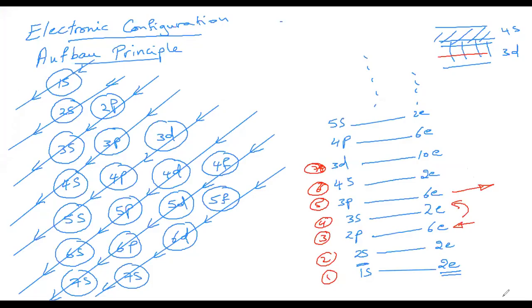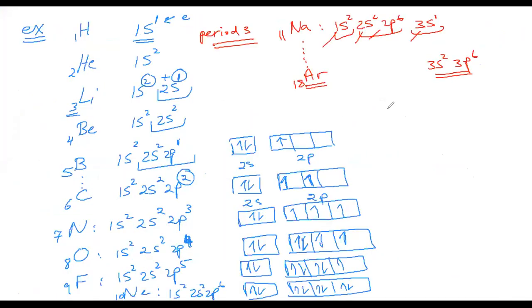So we go back to our whiteboard. As we said, from sodium 11 till argon 18, you are going to fill from 3s2 up till 3s2, 3p6. Then after argon, we come to potassium.